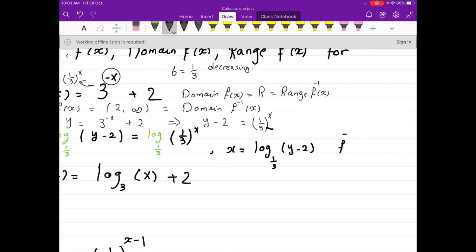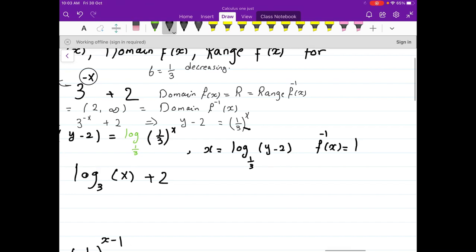So f inverse of x, instead of y, substitute x, log. So this is f inverse.